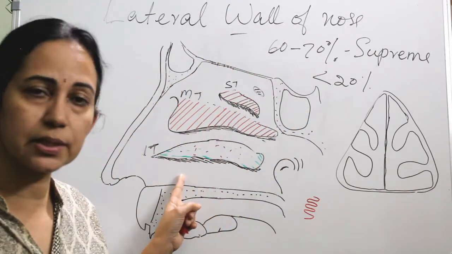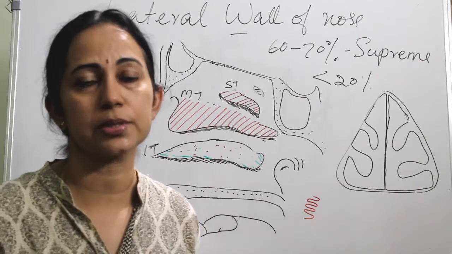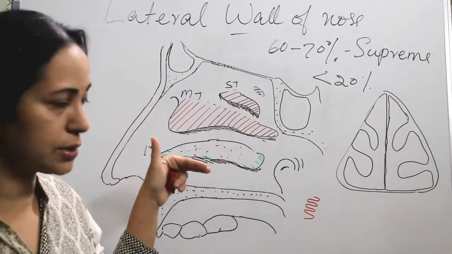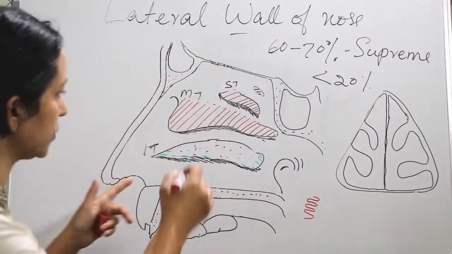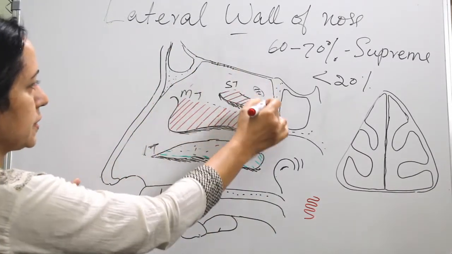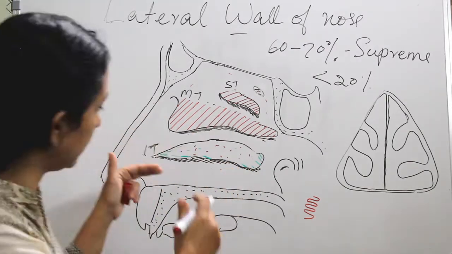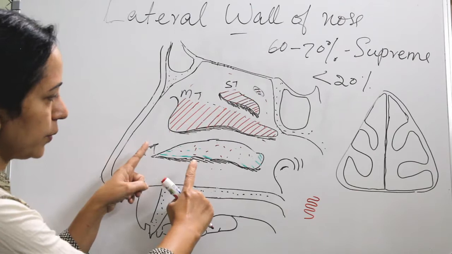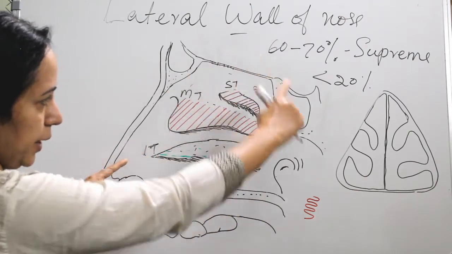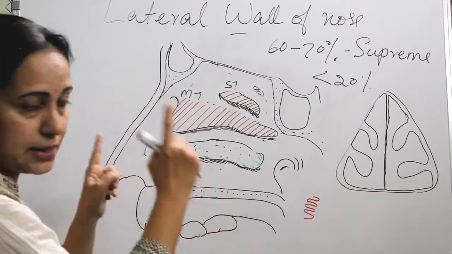So the maxillary process of the inferior turbinate articulates with the lower part of the natural ostium of the maxillary sinus.